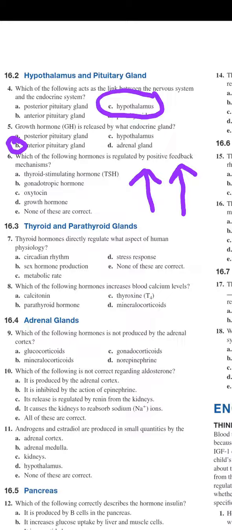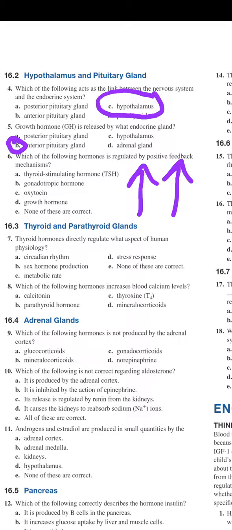To give an example, during birth, as long as the contractions are increasing, your body will cause the birth canal to widen more. So both things are increasing. Which of the following hormones is regulated by positive feedback?